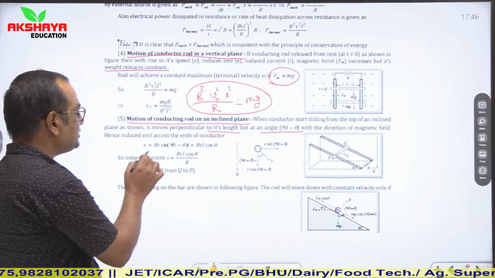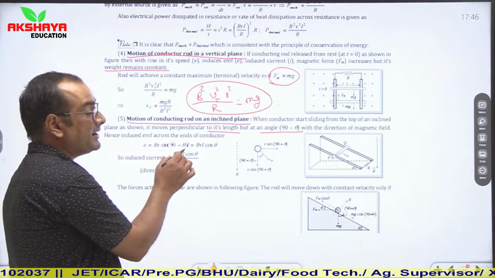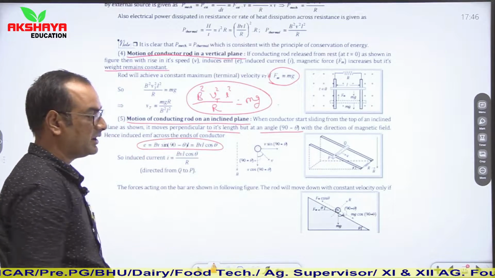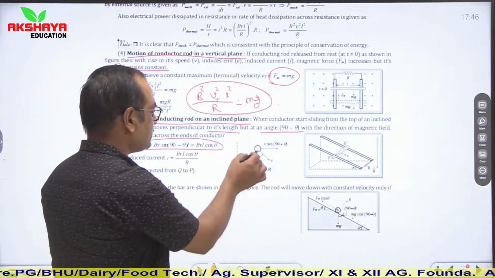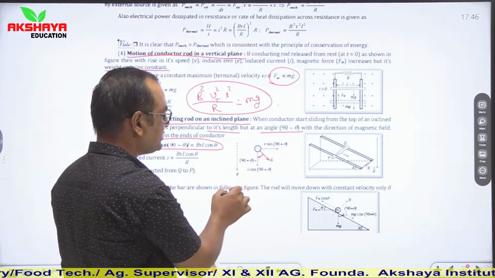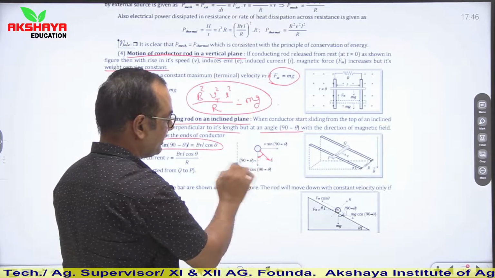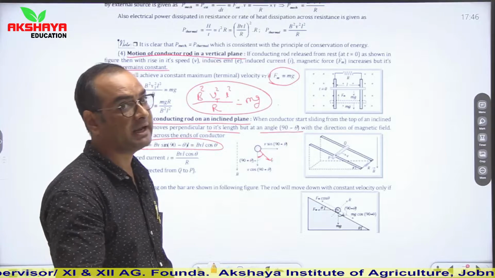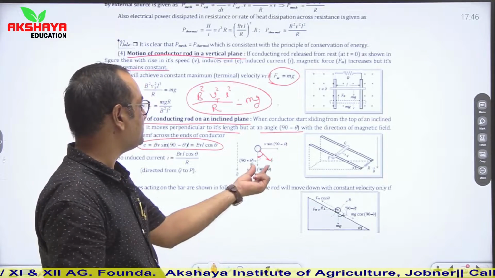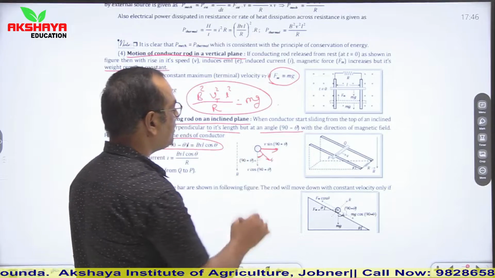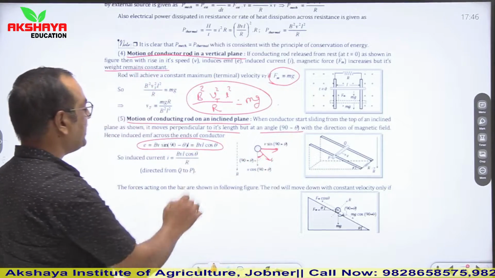So in this case, E is equal to BV sine 90 minus theta into L, which becomes equal to BLV cos theta. It is making an angle 90 minus theta from the vertical. So this component becomes V cos 90 minus theta and this becomes V sine 90 minus theta. So here this component becomes V cos theta, and the EMF is BLV cos theta.